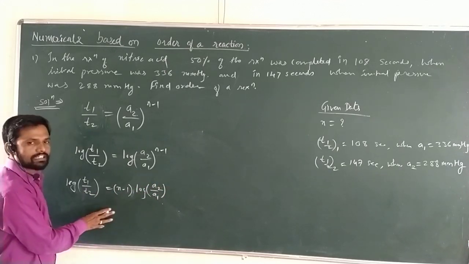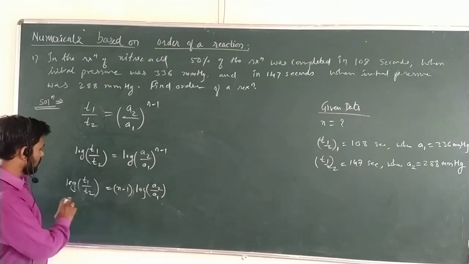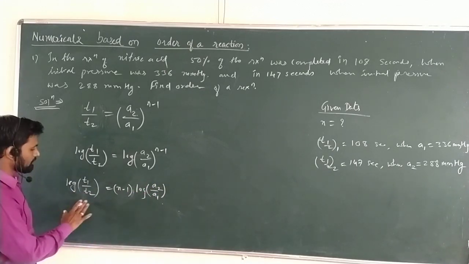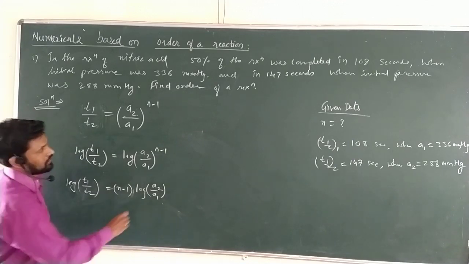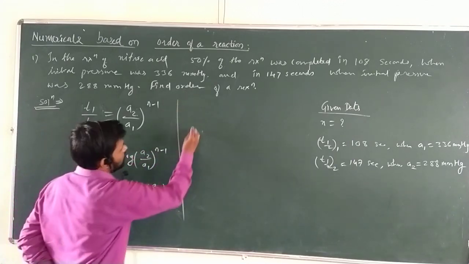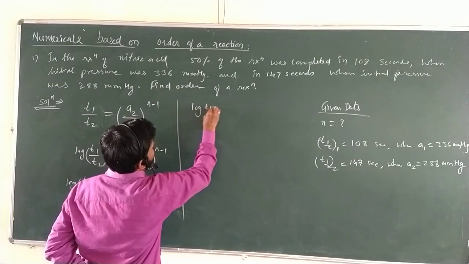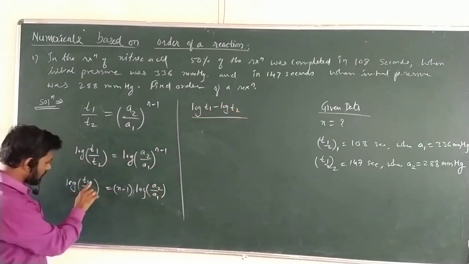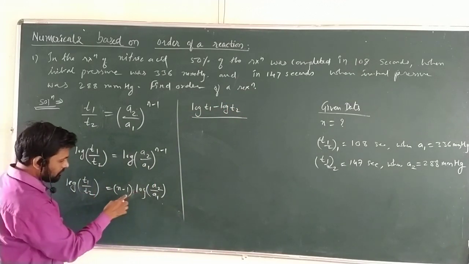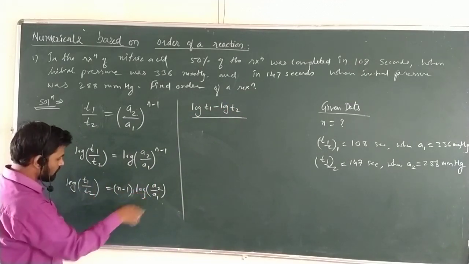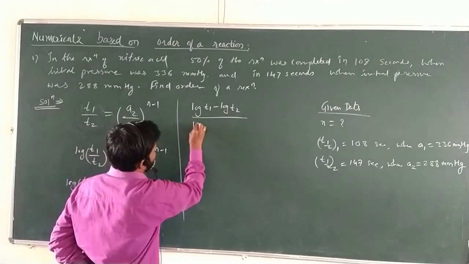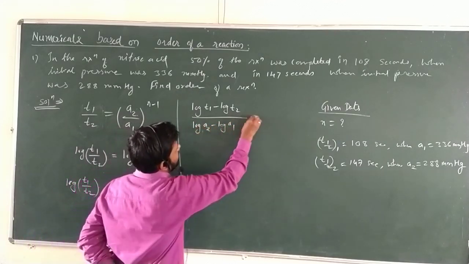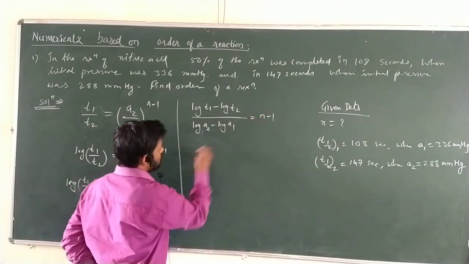Log T1 minus log T2, this is nothing but log T1 minus log T2. Here it goes to the denominator. So this will become log A2 minus log A1 equal to n minus 1. So this can be rearranged.